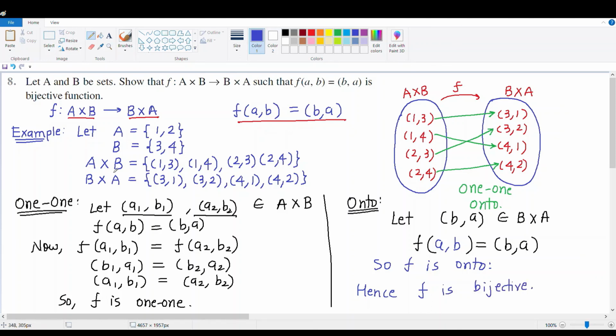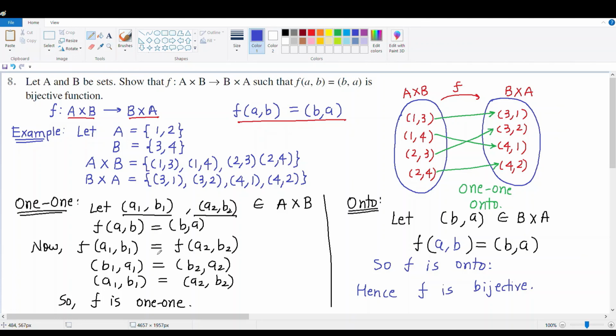Okay, so first we understood this given situation with the example. That was straightforward, I think way easier. In this kind of question, I think it's fine if you show it with the example. But since we always know that when we are supposed to prove that a function is 1-1 and onto, we use this generalized method. We always take two inputs or two elements from the domain, find the function values, and make those function values equal to each other.